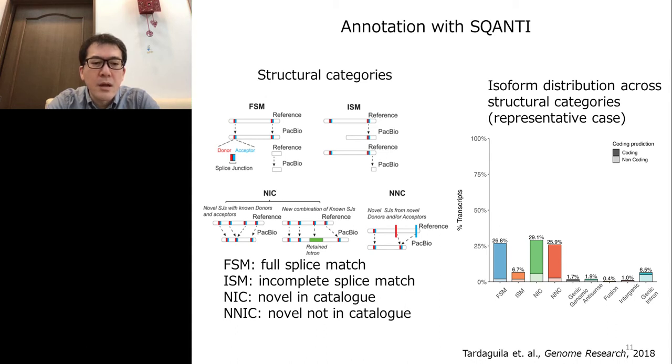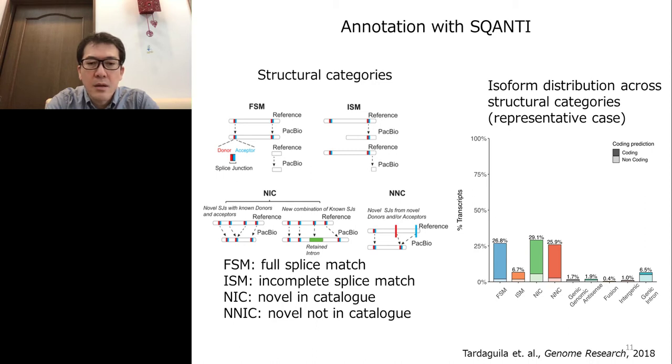Novel in catalog, NIC, isoforms contain novel splice junctions, but they are composed of known splicing donors and known splicing acceptors. And in contrast, novel not in catalog, NNIC, isoforms have novel splicing donors or novel splicing acceptors.